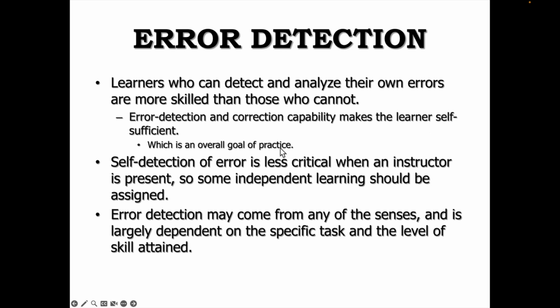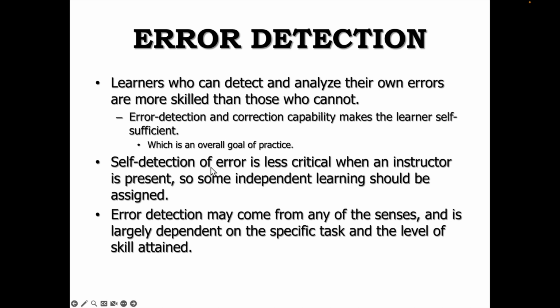This is important because if you're practicing, you might not always have a coach there to give you feedback. If you can detect errors on your own, you can practice more often, meaning you can get better at a particular skill.